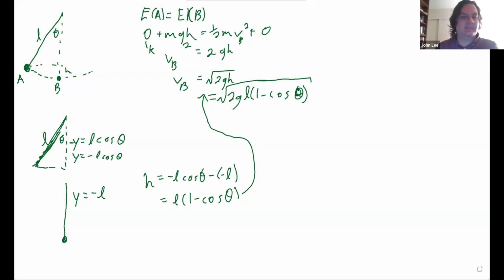This height as a function of L, the length, and the angle is something you are going to need to know at some point. So that is the simplest problem that we're going to go through.